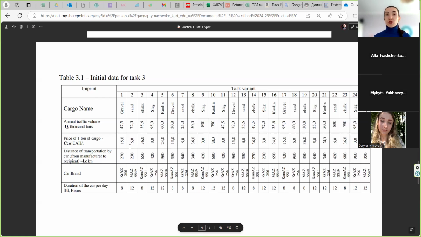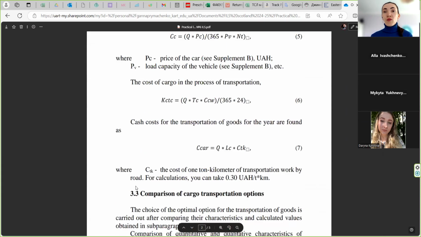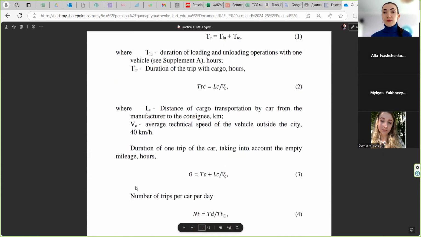It is in the numerator, under the line. And in the denominator of formula number two, we divide by the parameter V with index C. V with index C is the average technical speed of the vehicle outside the city, and we find it is 40 kilometers an hour for every variant.